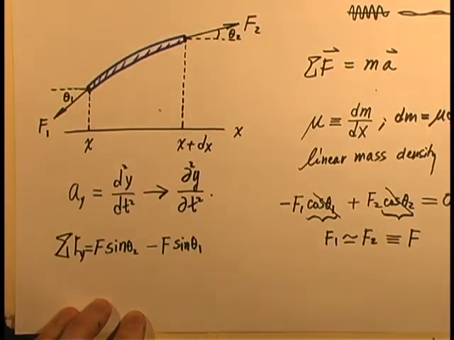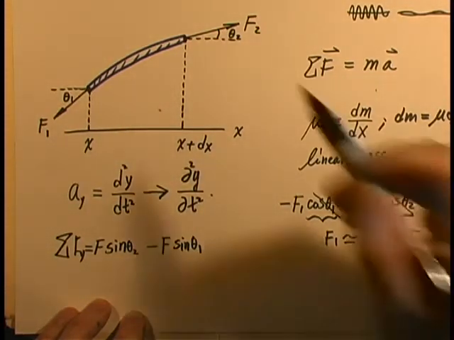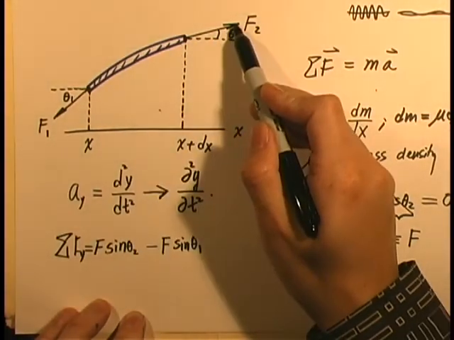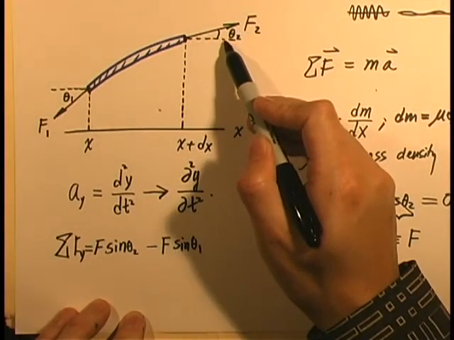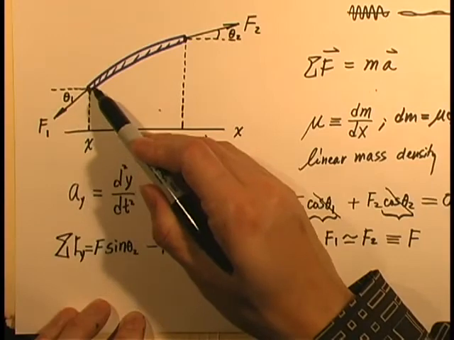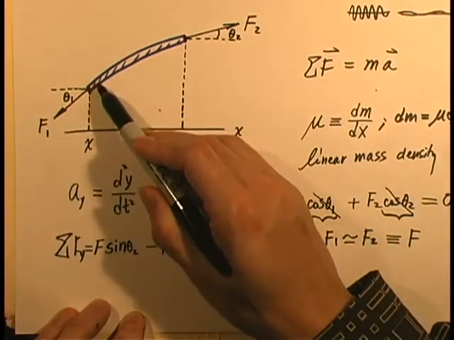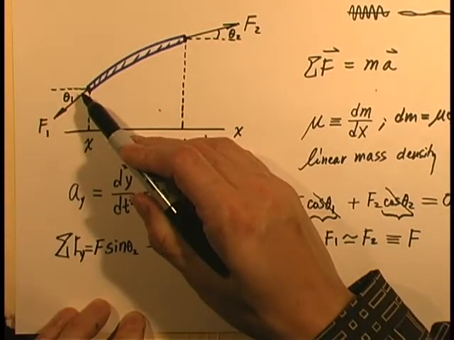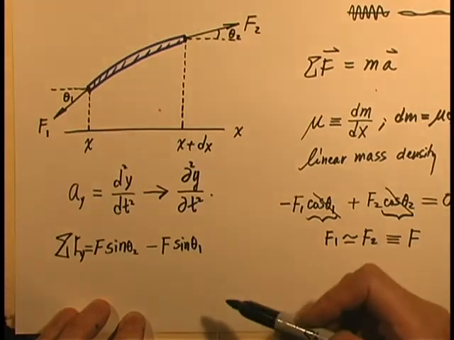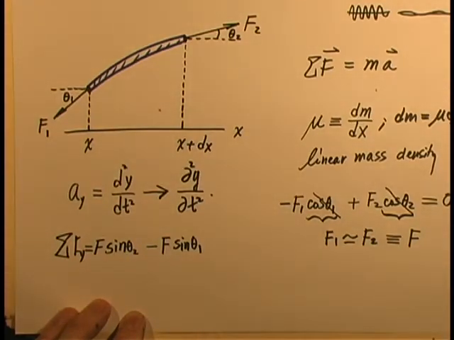Now, how does one find the tangential direction? Well, we know the slope of this line here is equal to tangent theta 2, right? And the slope of F1, which is along the tangential direction, should be tangent theta 1, right? But we have sine here instead of tangent. How do you convert sine to tangent? They're not equal, right? But when the angles theta 1, theta 2 are very small, they're almost equal to each other, right?